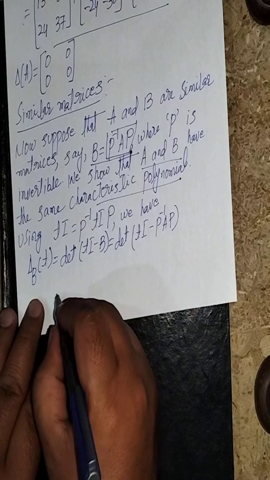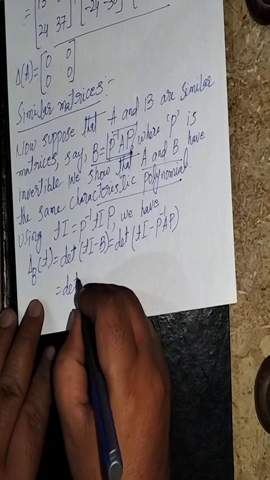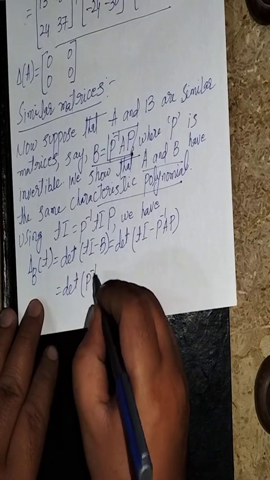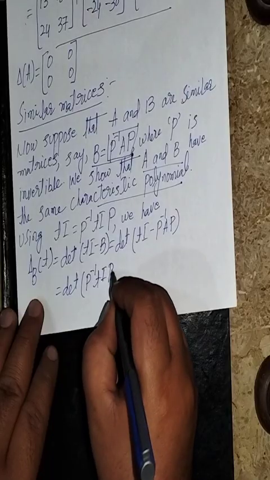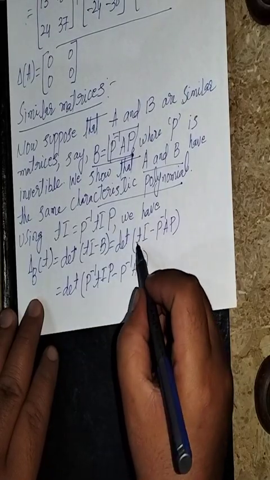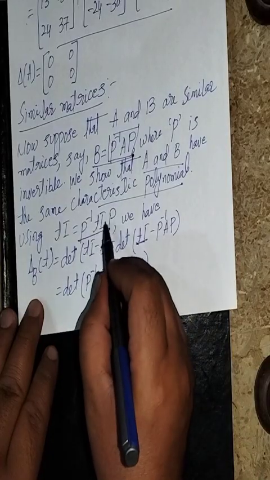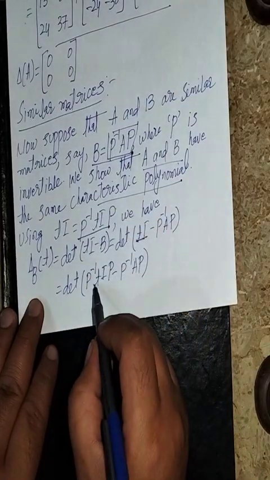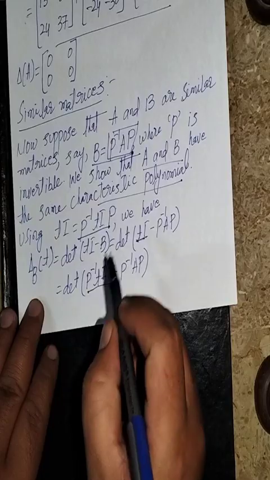This will be equal to that of P inverse tIP minus P inverse AP, because tI is equal to P inverse tIP, so we replace tI with P inverse tIP.